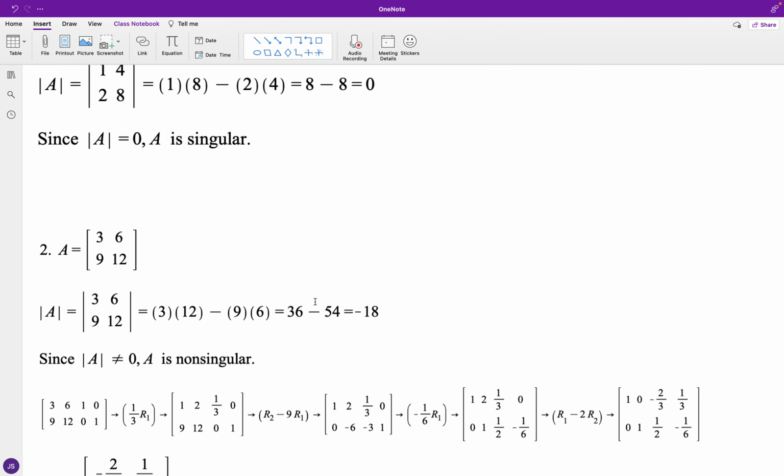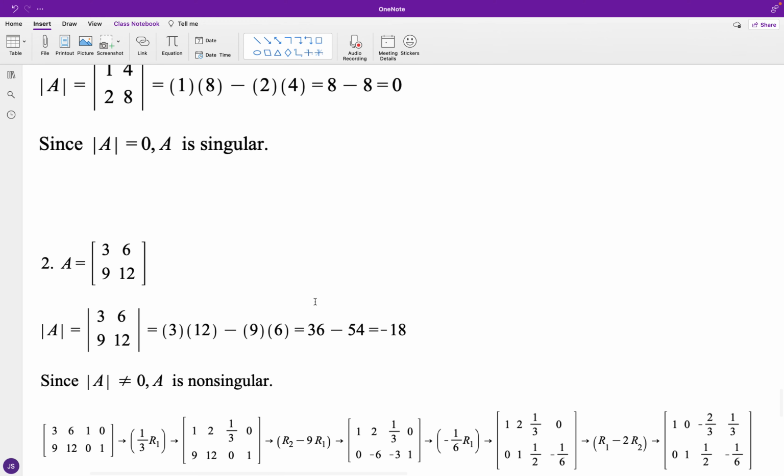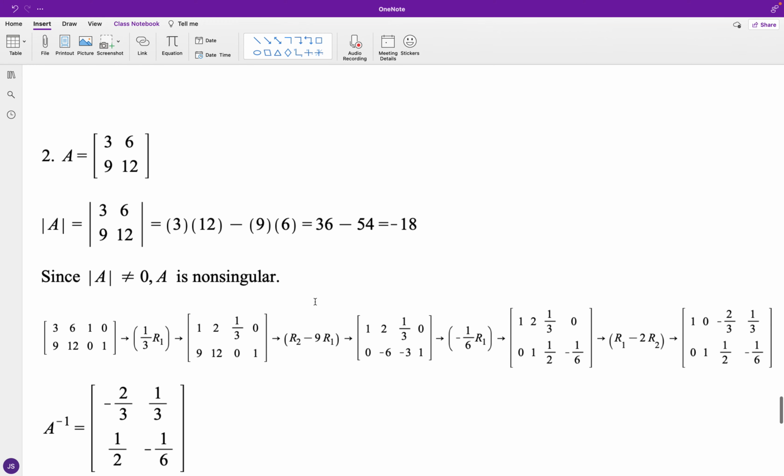Looking at the process here, going back to the old days, of finding the inverse of a matrix. We have the matrix A consisting of 3, 6, 9, 12, and alongside it we take the 2 by 2 identity, 1, 0, 0, 1. To put this in reduced row echelon form, I take 1/3 of the first row, so we have 1, 2, 1/3, and 0.